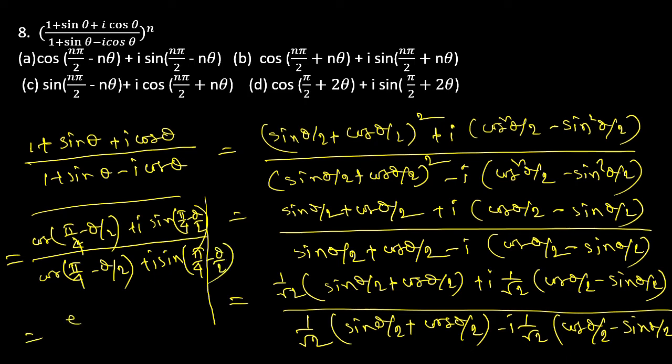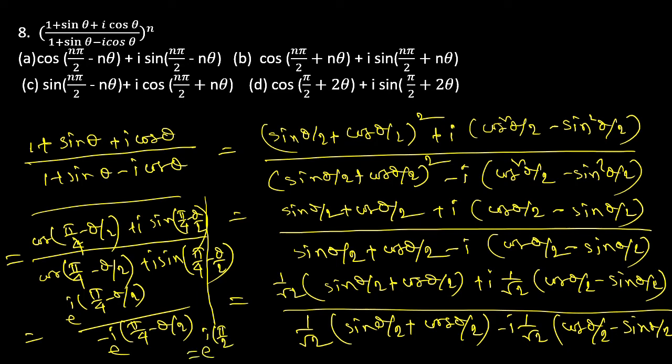So we get e to the power i (pi by 4 minus theta by 2) divided by e to the power minus i (pi by 4 minus theta by 2). So we get e to the power i (pi by 2 minus theta).